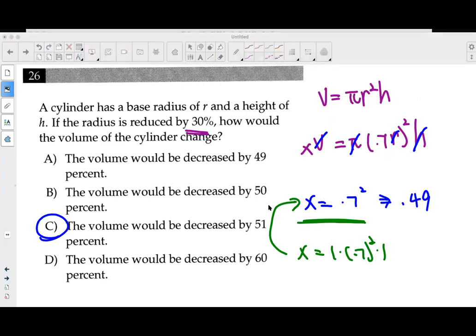Now let's look at number 27. Number 27 comes from this relatively ugly expression.